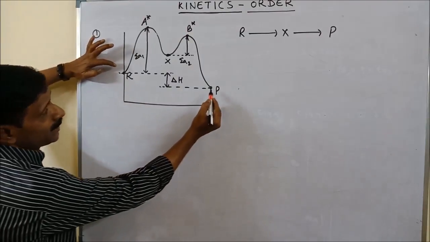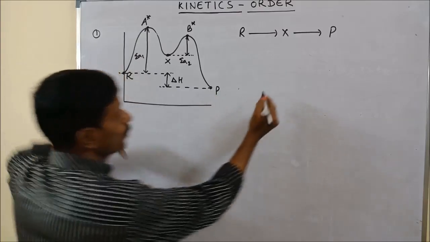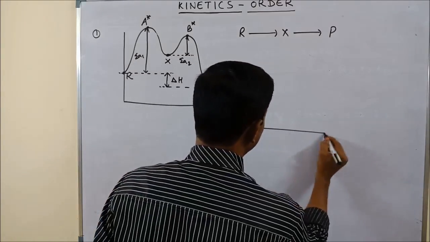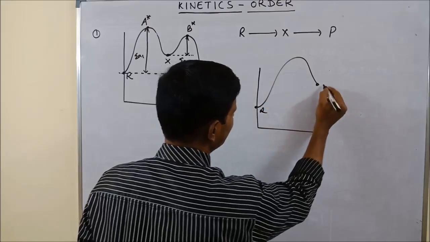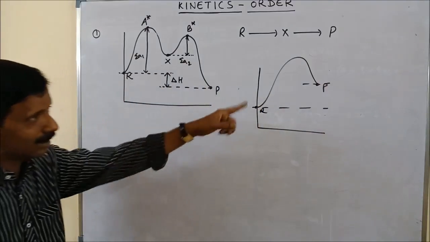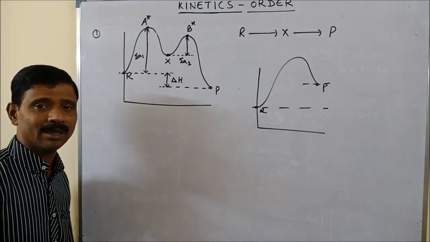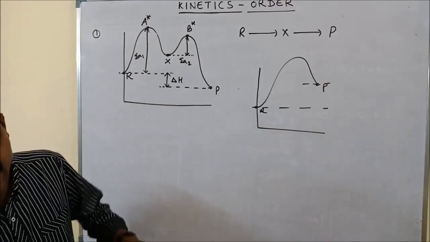If the position of the product is below the reactant, it is exothermic. Suppose the position of the product is above the reactant, like this is R and this is P, then definitely the energy of the product is more. So that graph represents an endothermic process. So be clear about this type of analysis.